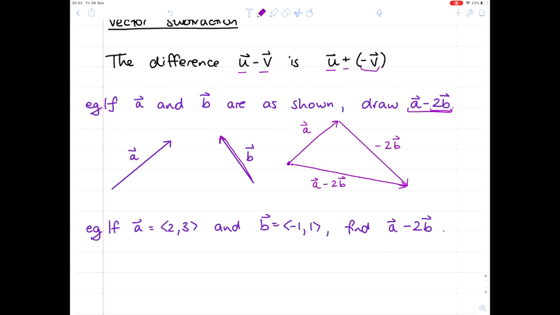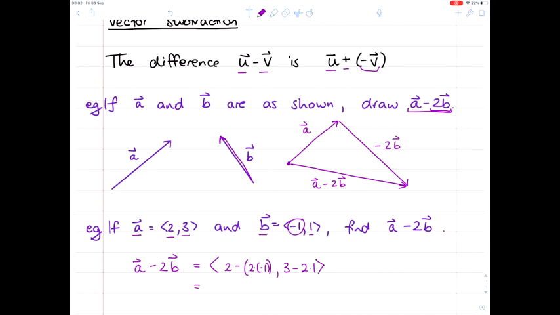If we want to do this with components, we've got a vector a which is [2, 3], and b which is [minus 1, 1]. Then a minus 2b is going to have the components 2 minus 2 times minus 1. And our second component will be 3 minus 2 times 1.